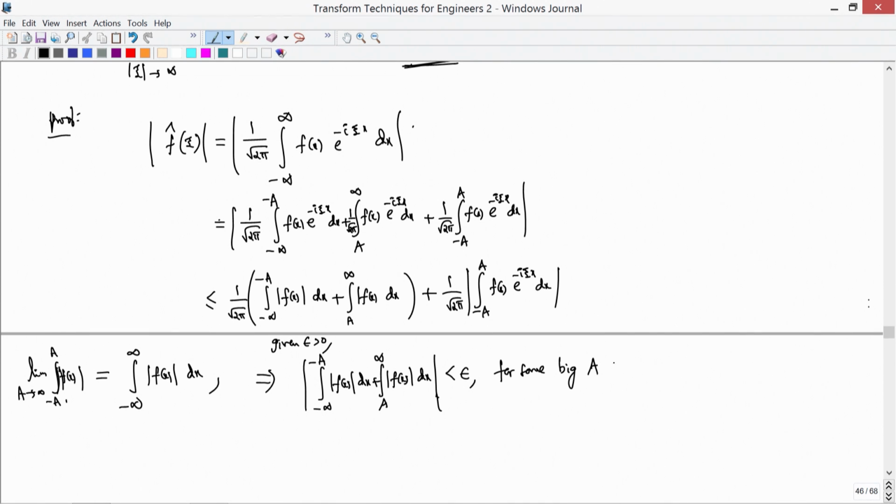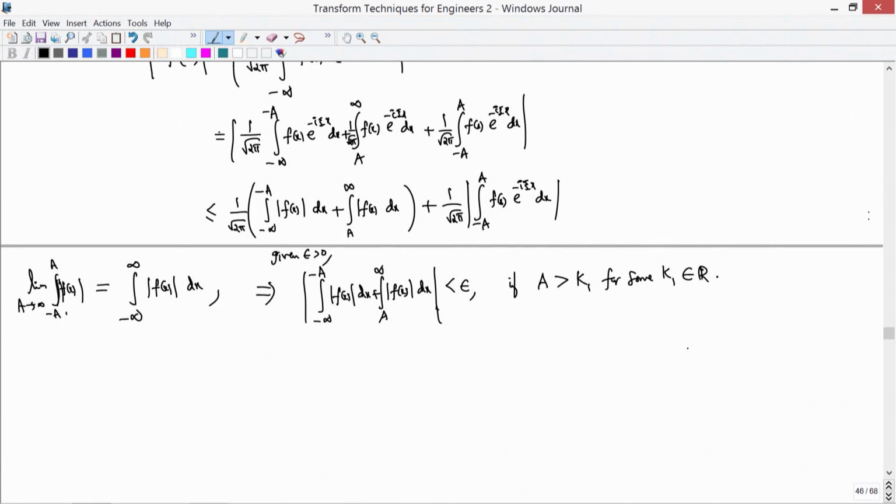So, let us say a bigger than some k1, k1 belonging to the real numbers. So, technically this is the meaning of this limit, this is the definition.